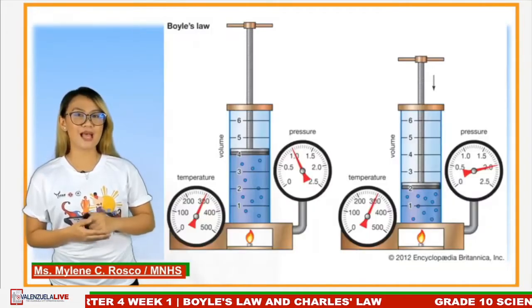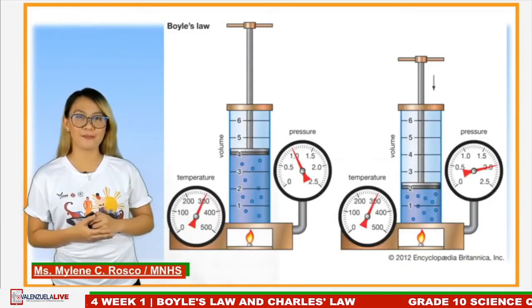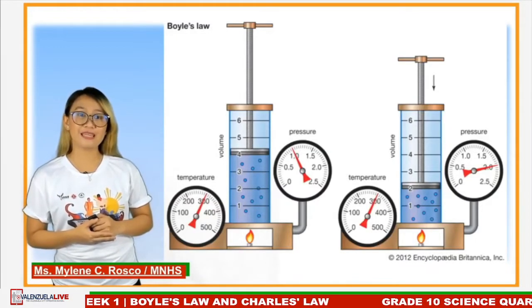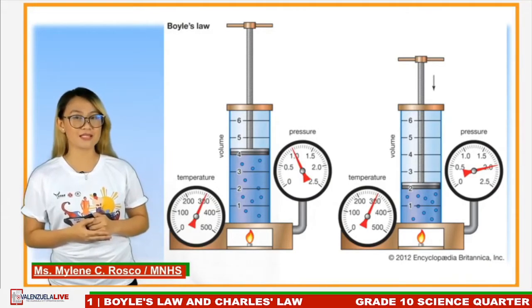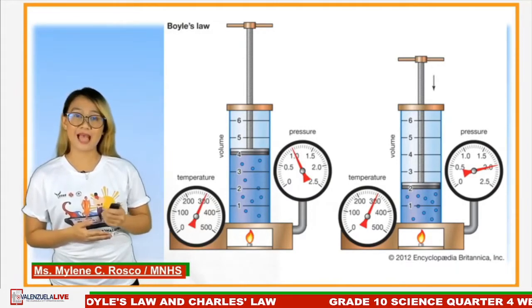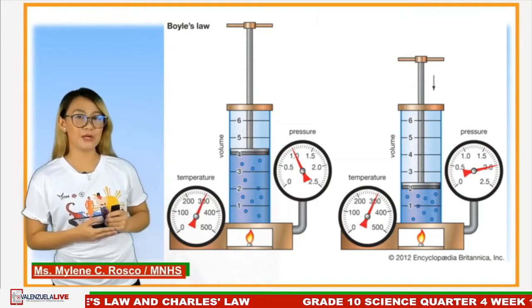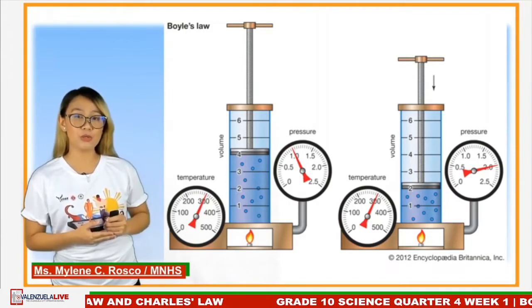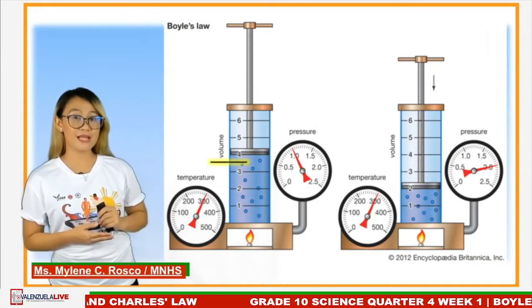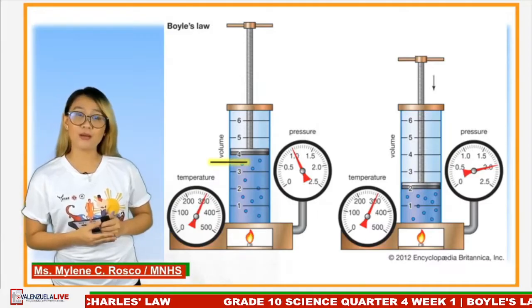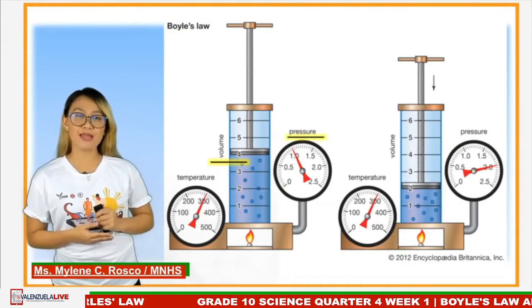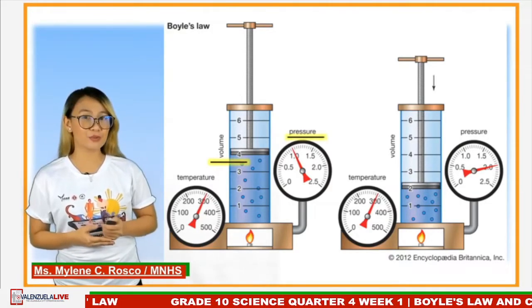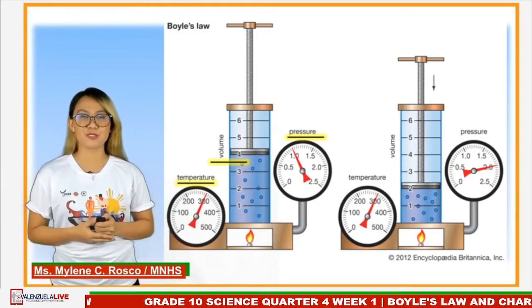Now let us analyze this diagram. Observe the initial condition of the gas. The gas inside the container occupied a volume of 4 milliliters with a pressure of 1 atmosphere at 300 degrees Celsius.